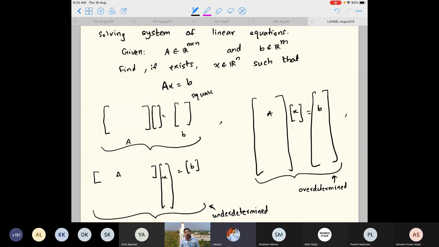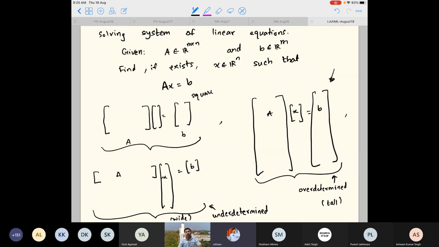These are the different names, or you can call this tall, or this wide. The wide one, underdetermined, you will find appearing in compressive sensing problems. That is where you encounter such systems. The tall one you will typically find in regression problems.